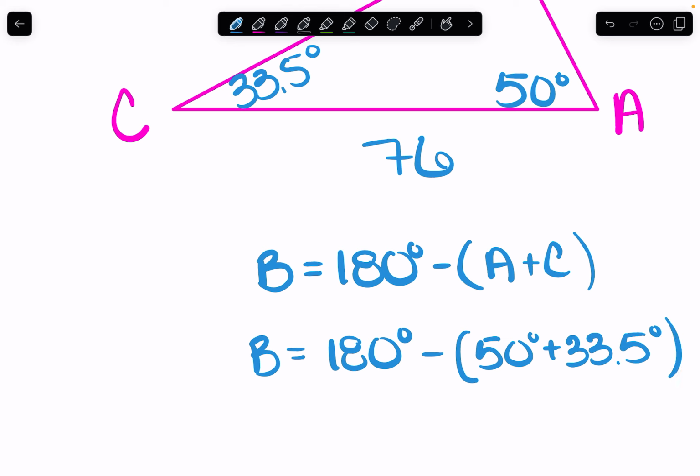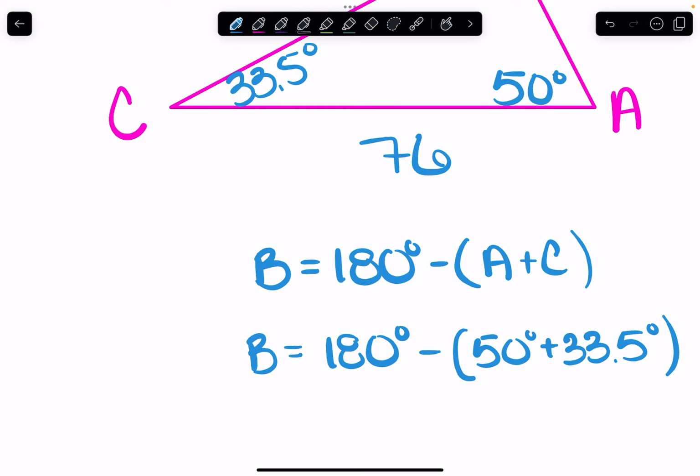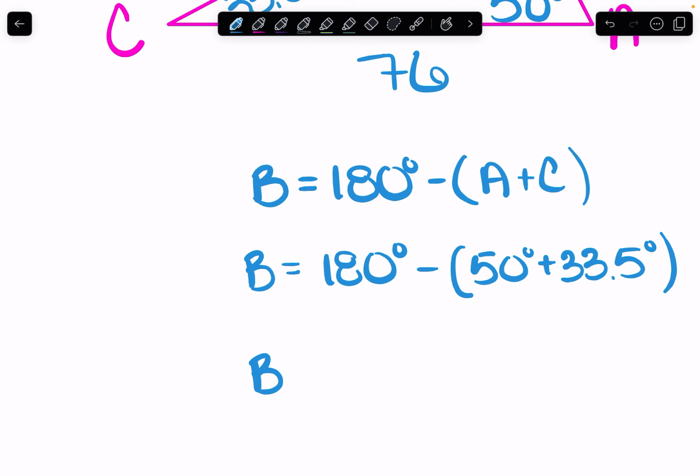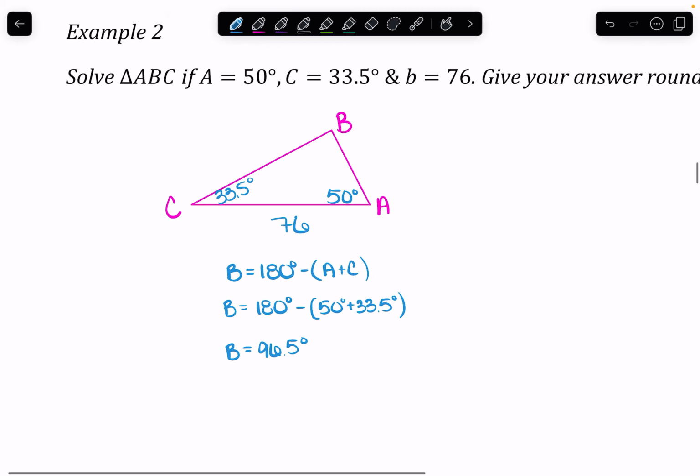So 180 minus 50 plus 33.5 in parentheses gives us 96.5. So angle B is 96.5 degrees. All right, so I got all my angles, now I need to find my sides.